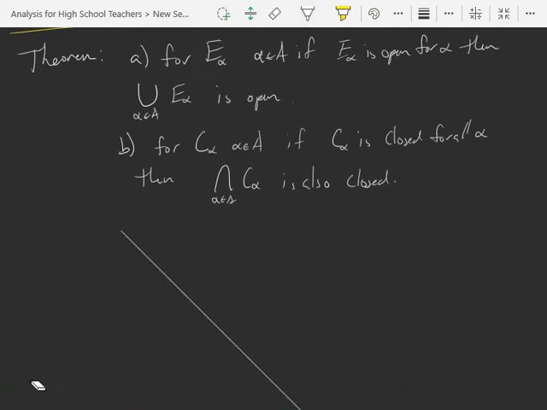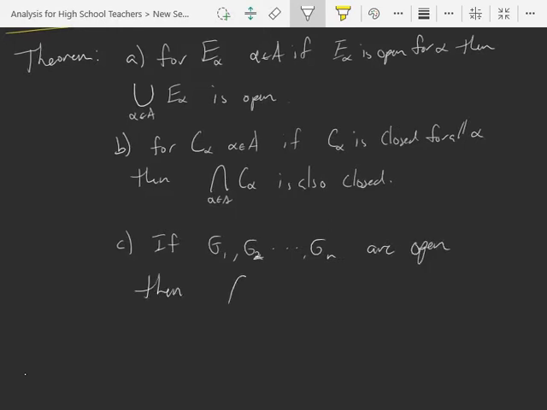And then if we just take a finite number of them, let's take G1, G2, up to Gn, that are open, then the intersection of the Gi's from i equals 1 to n is open.